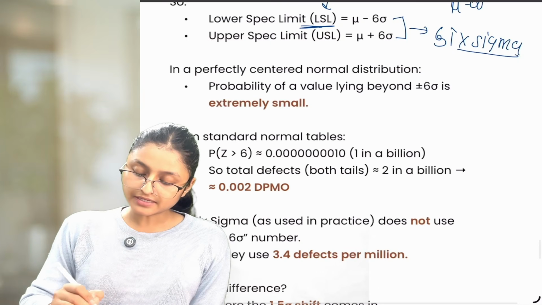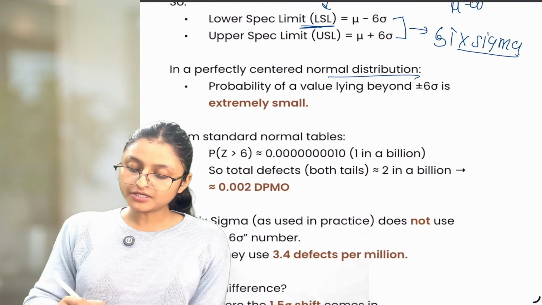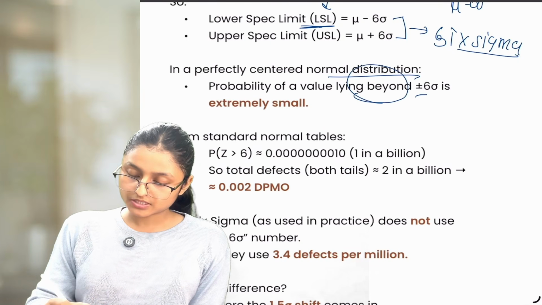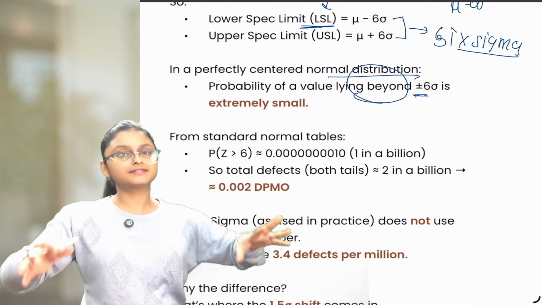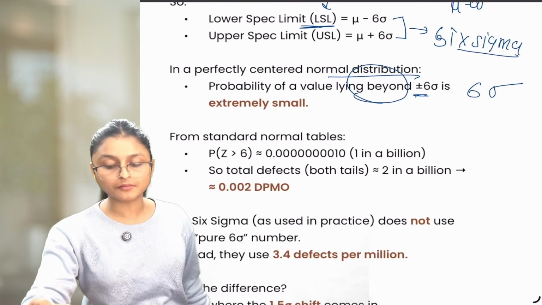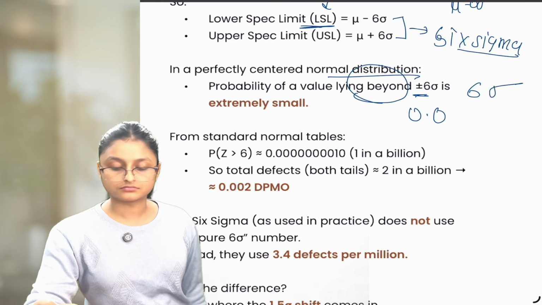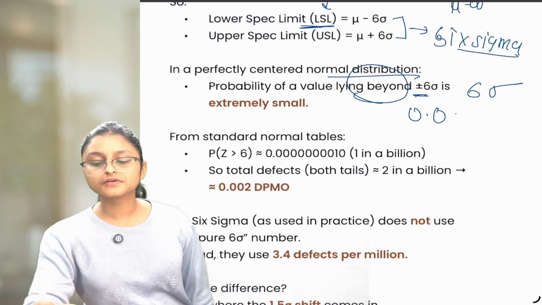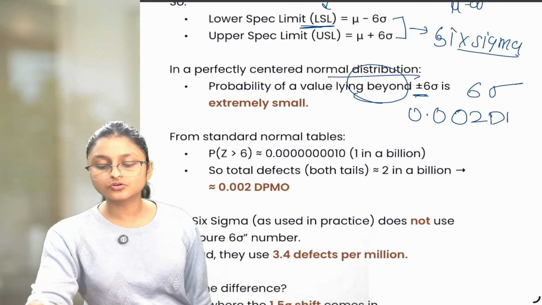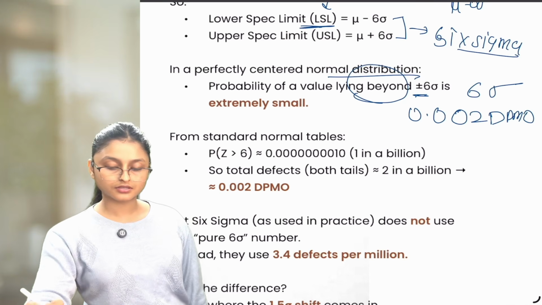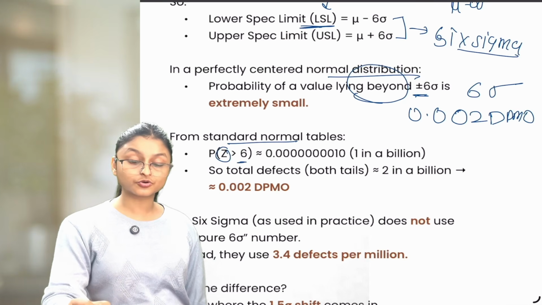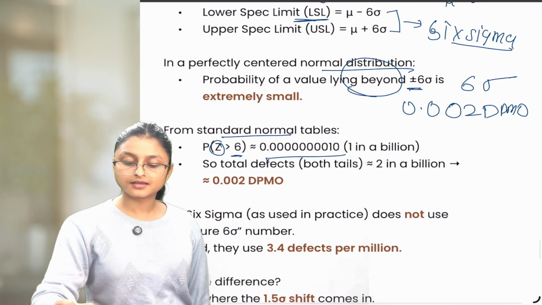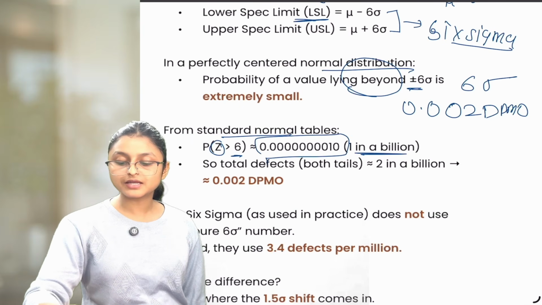In a perfectly centered normal distribution, the probability of a value lying beyond plus minus 6 sigma is extremely small. If everything is centered, if everything is as per 6 sigma, then the chance of your output being defective is equal to 0.002 defects per million opportunities. From the standard normal distribution table, if you take the z score of 6, it comes to be this, which is equal to 1 in a billion.